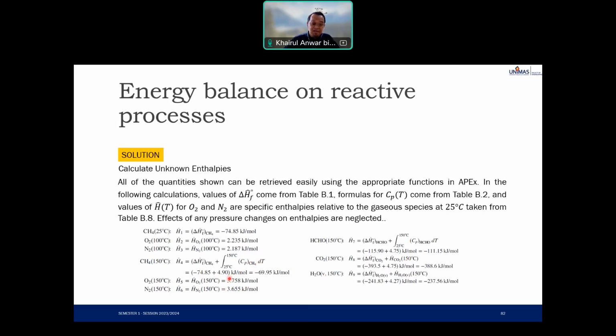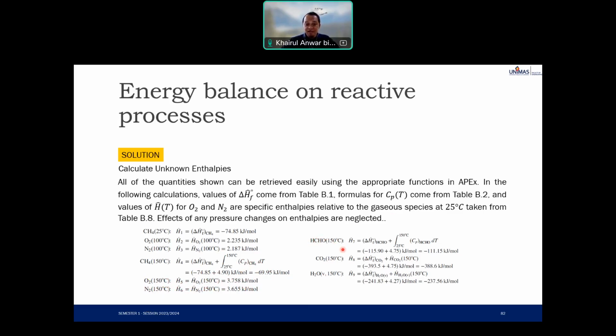Then you add these two to get negative 69.95 kilojoule per mole. For oxygen at 150 degrees C, this is an elemental species, this is H5, just choose from table B8. Nitrogen is an elemental species, H6, go to table B5.